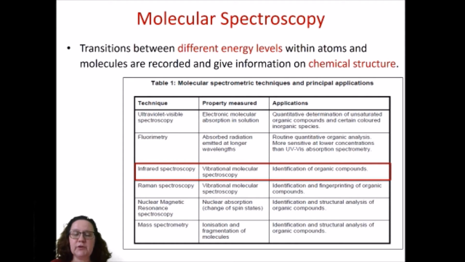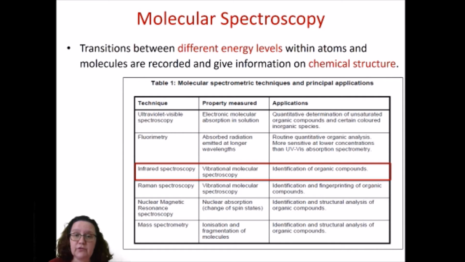Infrared spectroscopy is a specific type of a larger variety of spectrometric techniques called molecular spectroscopy. Molecular spectroscopy focuses on the transitions between energy levels within atoms and molecules, and those energy transitions can be recorded and will give us information on the chemical structure of that particular compound.